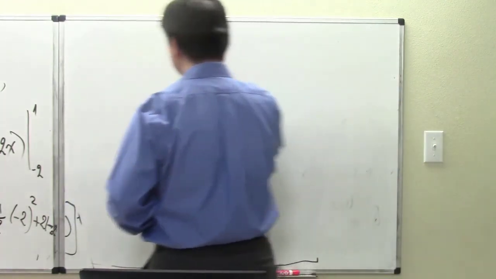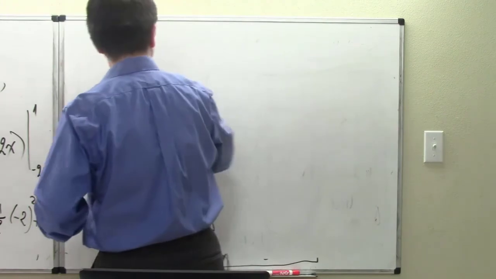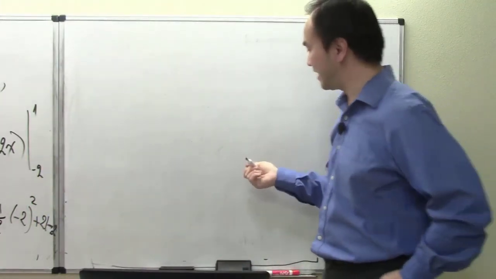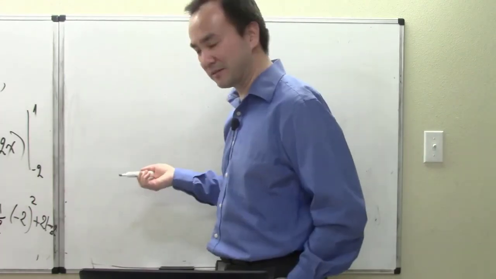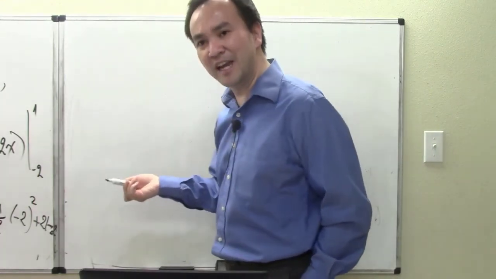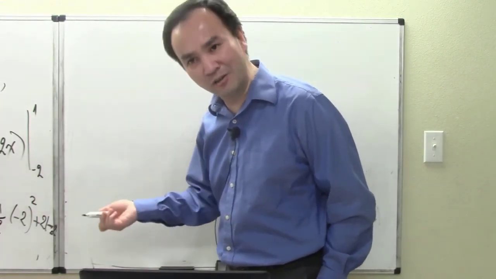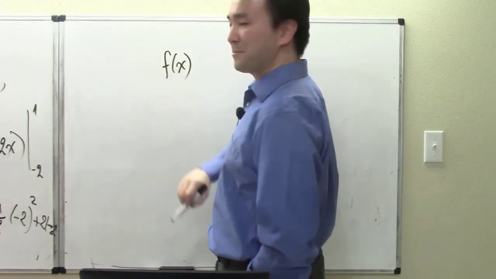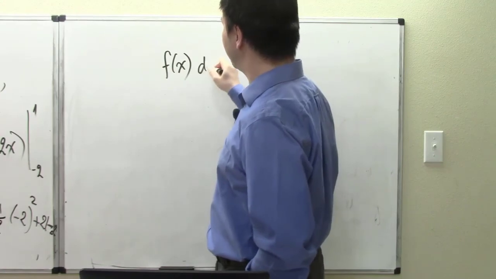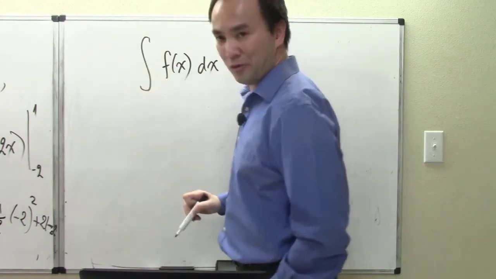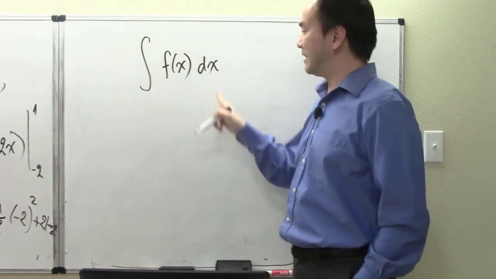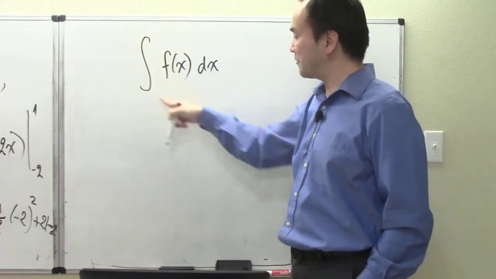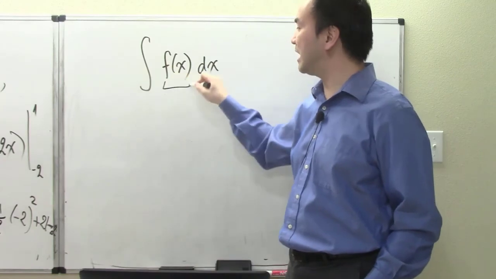If you look back at the lectures I went over about antiderivatives, at some point I informally introduced the symbol right there, as an instruction for indicating that we want the antiderivative of this.